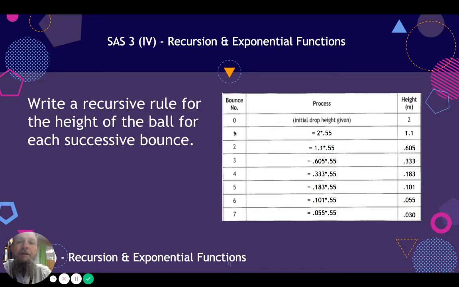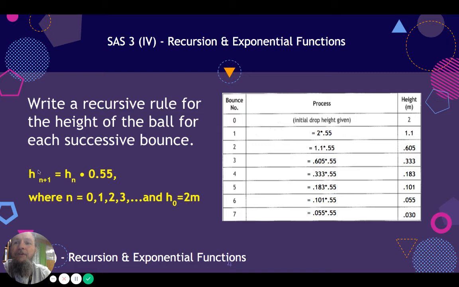All right, so let's take a look at what the answer is. And sure enough, h subscript n plus 1, that's 1, equals h subscript n, that's 0. So if n is 0, 0 plus 1 is 1. So h subscript 1 equals h subscript 0 times 0.55. Let's check our answer.